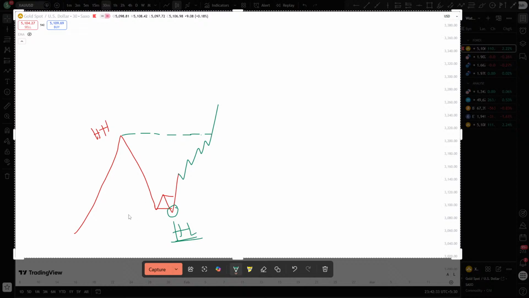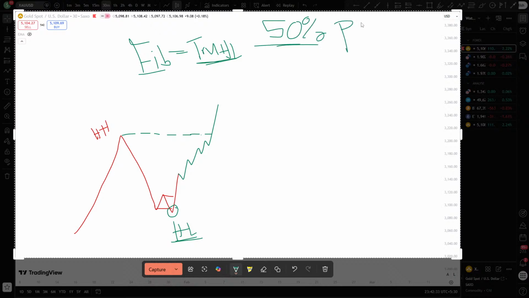So why is it so important to understand this? Because you are going to be using this when it comes to Fibonacci. Okay? If you don't understand where your true higher low is, which means even when you are dealing with the Fibonacci, you have to set the 50% or point of increase of your Fibonacci.